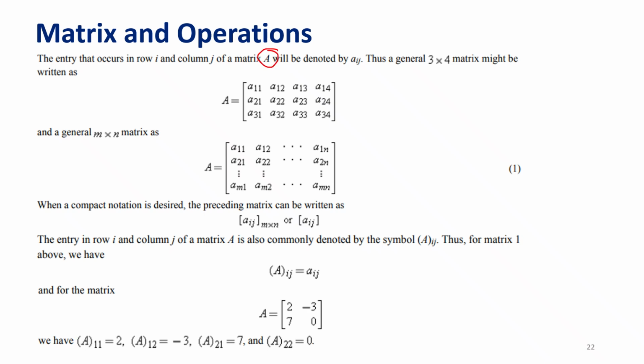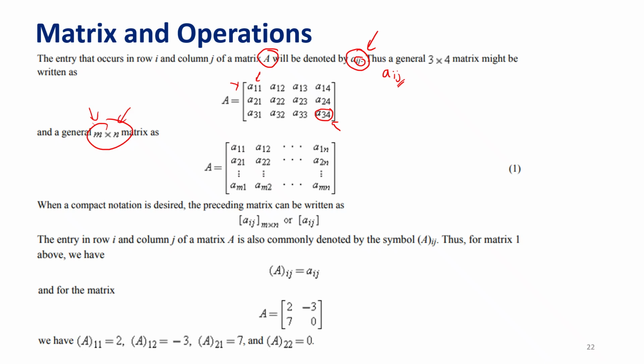The matrix itself is in capitals and the entry itself in small letters, with indices i and j normally as a subscript, where this subscript represents the location in the matrix. Let's say for example a11 is the one on the top left, and then a34 is the one on the bottom right. Okay, so M by N, or row and column, matrix.